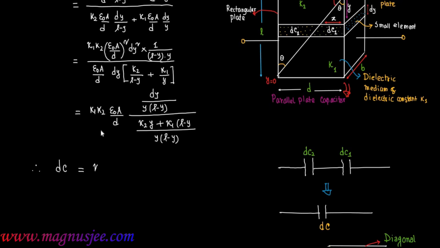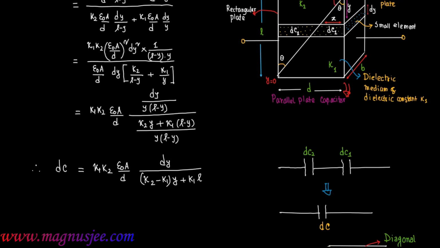Therefore, dC equal to K1 K2 epsilon 0 A divided by d dy divided by (K2 minus K1) into y plus K1 L.